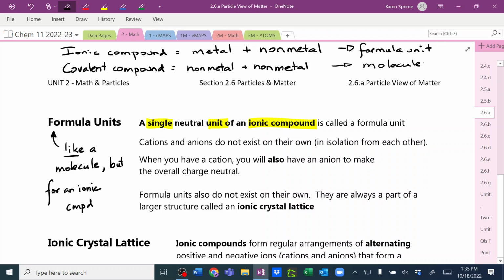Now a formula unit is a pretend idea. Can you imagine finding some salt and having only a single sodium and a single chloride? How big would that crystal be? Would you be able to see it? No, it would be so small you couldn't see it. Salt just doesn't exist like that.